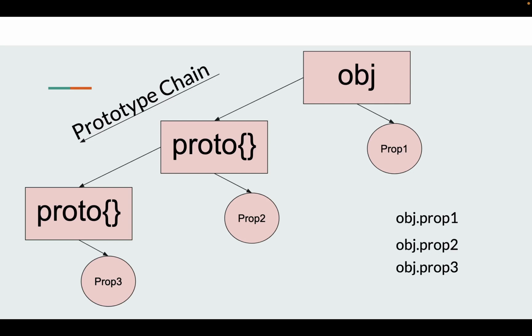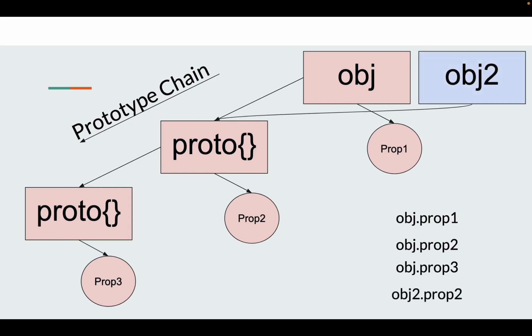This is prototypal inheritance, and interestingly, I could make another, separate object, and it could point to the prototype as other objects do. Actually, it points to the same prototype as these objects do. So they can share properties and methods, and I could change the property or method or add a new property or method to the prototype. And in every object that inherits from it, every object that points to it as its prototype will instantly get access to it. Now, the question is, how do we manage building this prototype chain and constructing our objects?